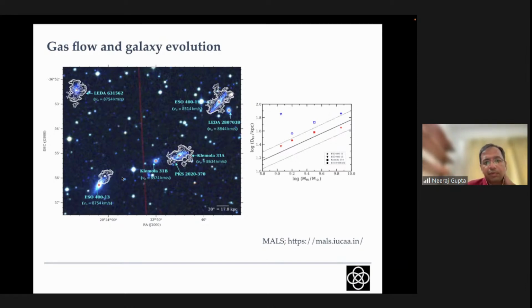But in this case, the galaxy's H1 gas has been expelled not possibly because of tidal interaction, but likely because this galaxy is moving at a very high velocity and the intergroup medium is causing what is called ram pressure stripping, and as a result the H1 from this galaxy has been stripped. So these are the types of processes through which the H1 content of a galaxy can be affected.